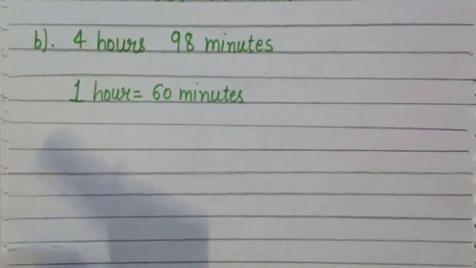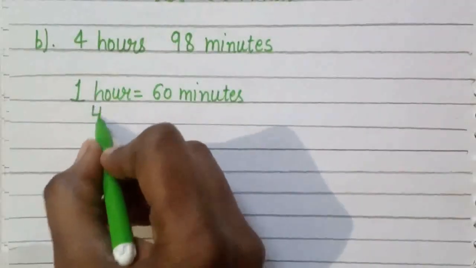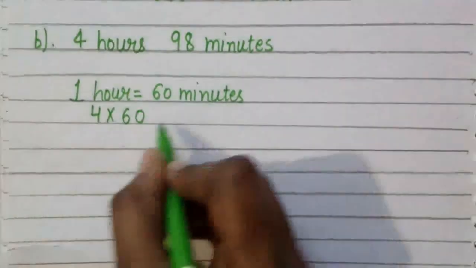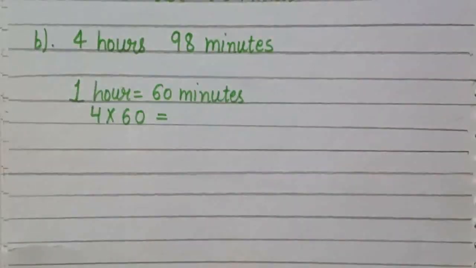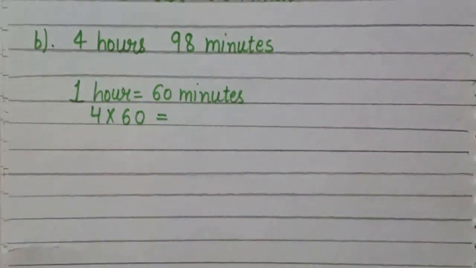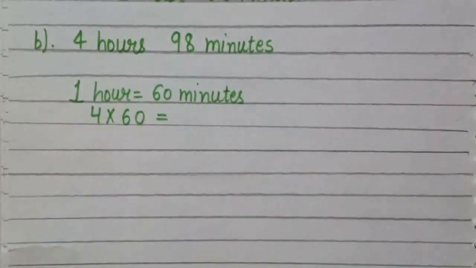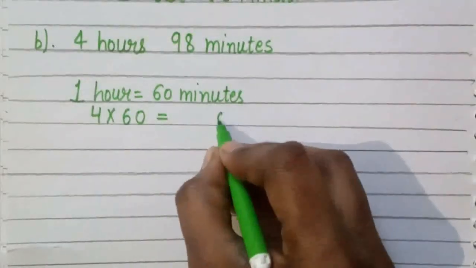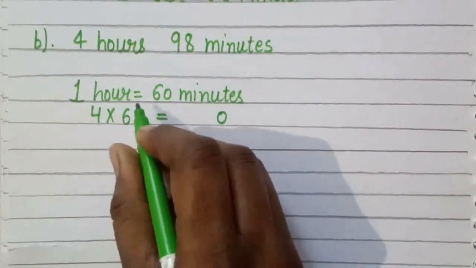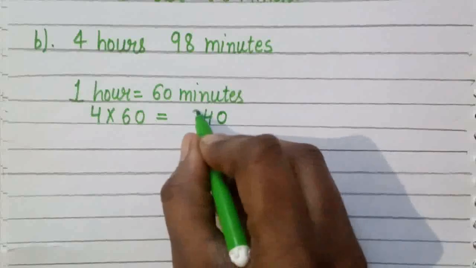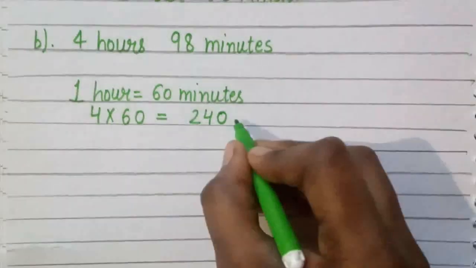That is why 4 hours is equal to 4 multiplied by 60. Let us multiply. It's very simple and very easy. Multiplicand and multiplier, let's find out the 0. Total 1. This one, now it's finished. 4 6s are 24. 240 minutes.